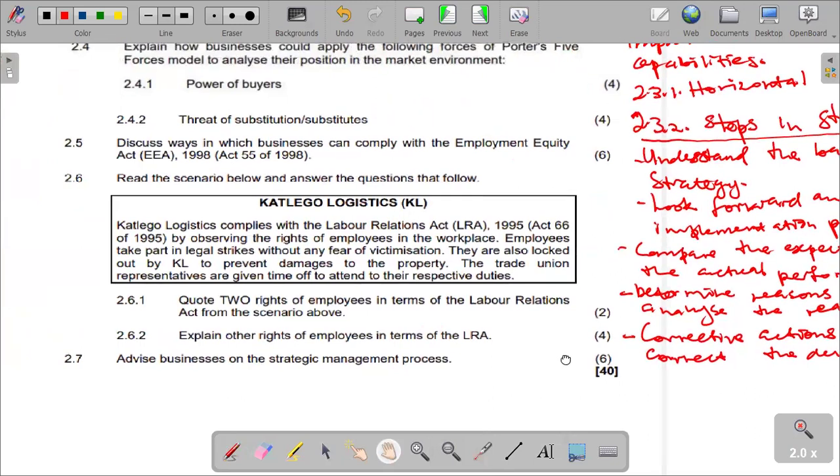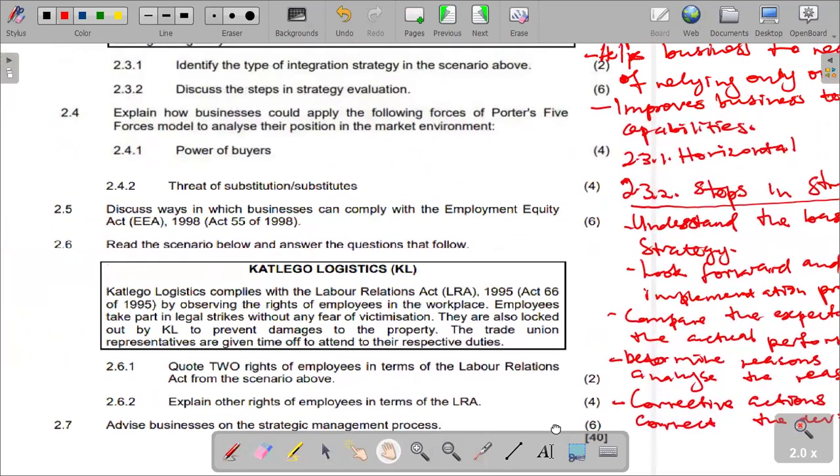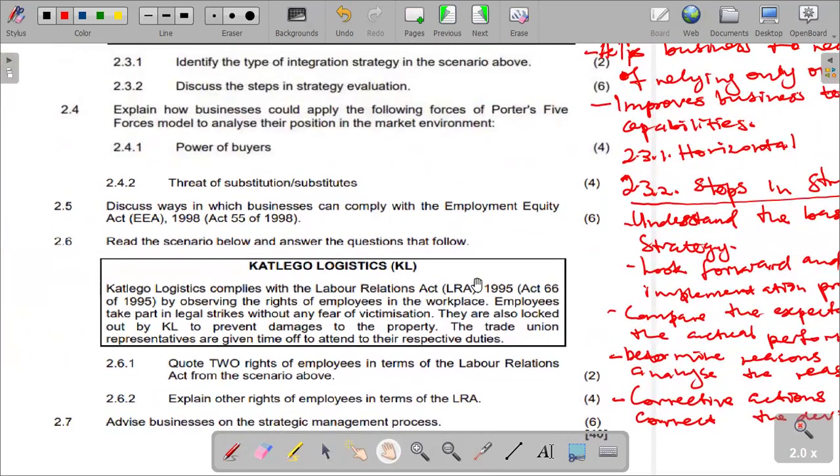And then the next question is saying, explain how a business could apply the following forces of Porter's 5 forces model to analyze their position in the market environment: the power of buyers and the threat of substitutes.